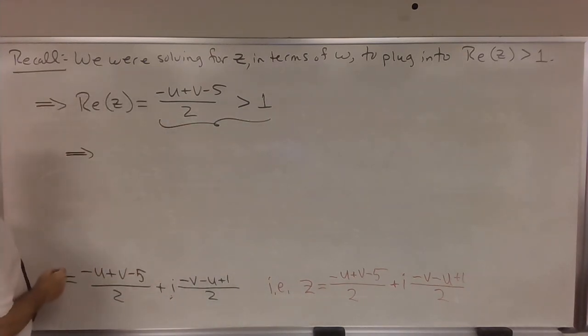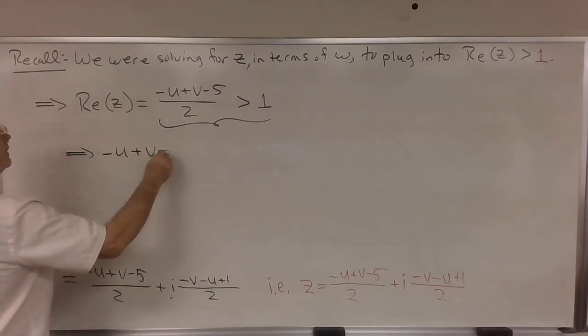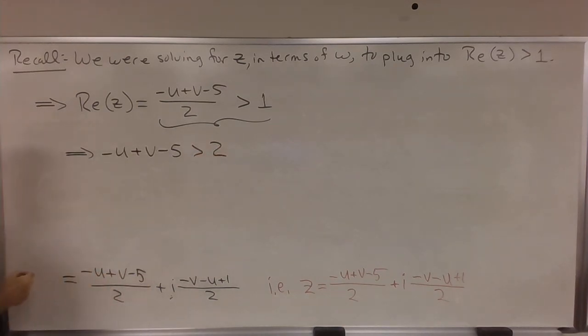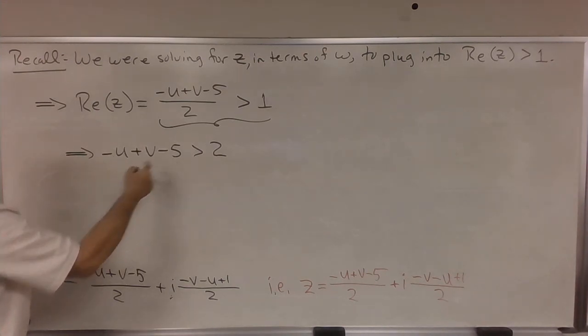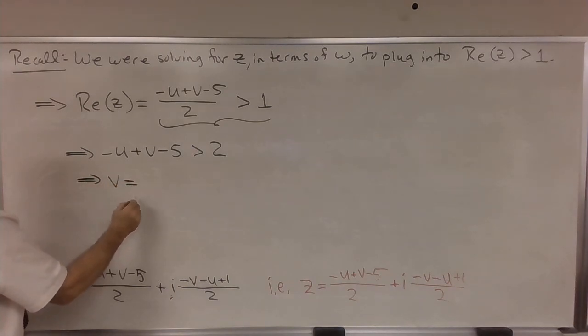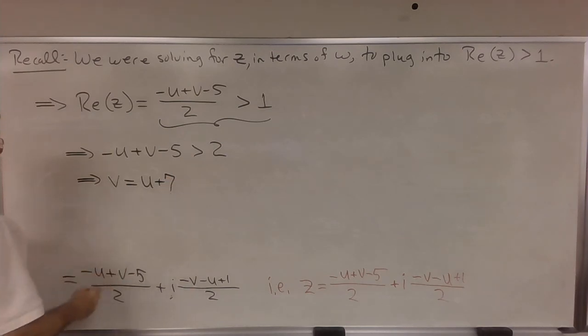Let's multiply both sides by 2, so we'll get negative u plus v minus 5 is greater than 2. And I'll add u and 5 to both sides. So v is greater than u plus 7.